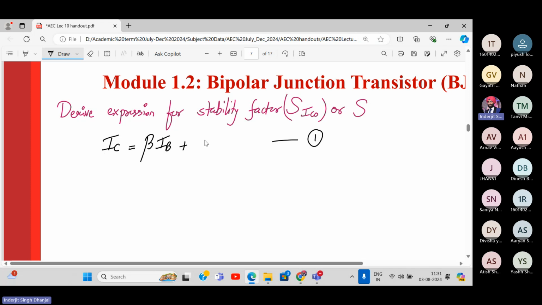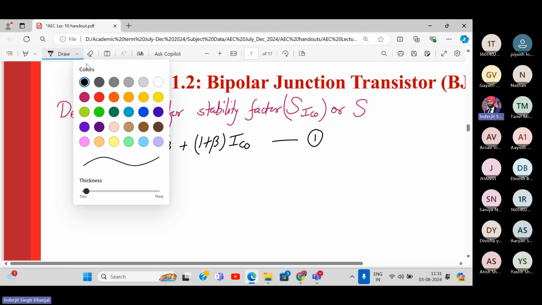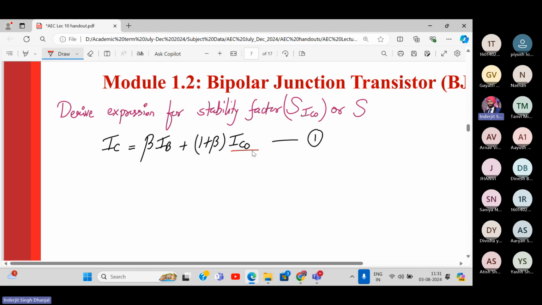It was 1 plus beta times ICBO, right? But we'll write in general ICO. So ICO is the leakage current.